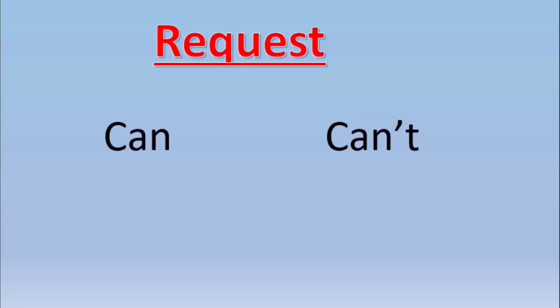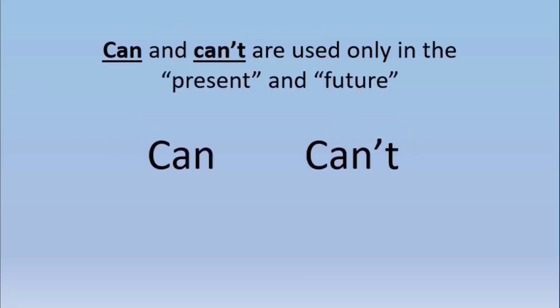Can you come to the party? Can't you come to the party? This is the same question, really. It is asking about ability. It is a request. Can and can't are used only in the present and future tenses.